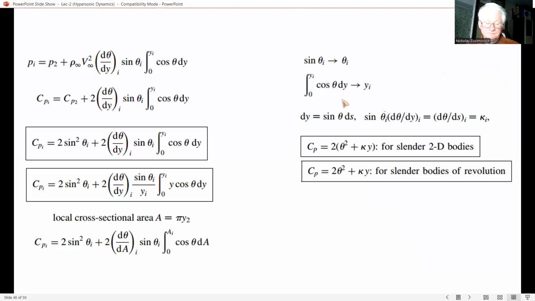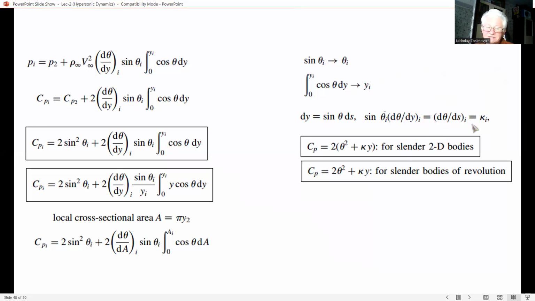Also, letting dc be an incremental length along the surface, we may write dy proportional to sine theta times dc. And hence, sine theta at point i times d theta over dy at the same point will be d theta over dc at point i, or simply kappa, the curvature of the surface at point i.